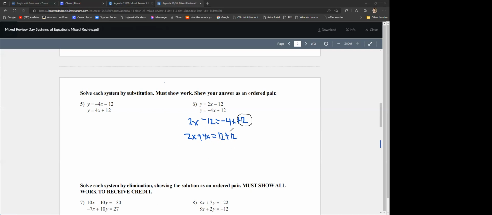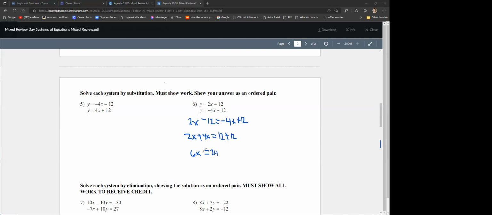Now just simplify. 2x plus 4x. 2 plus 4, how much? 6x, yep. Equals 12 plus 12, which is 24. Now what?